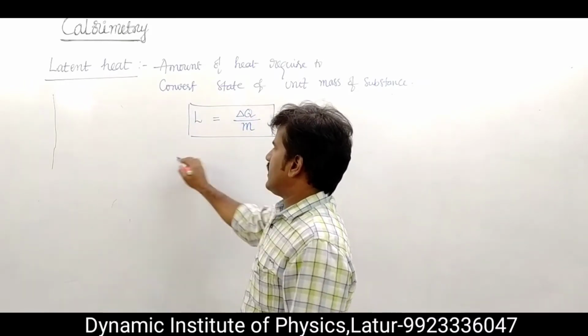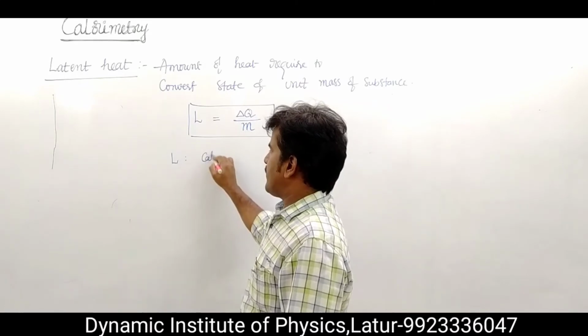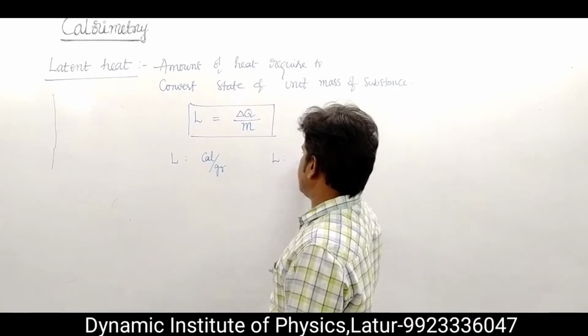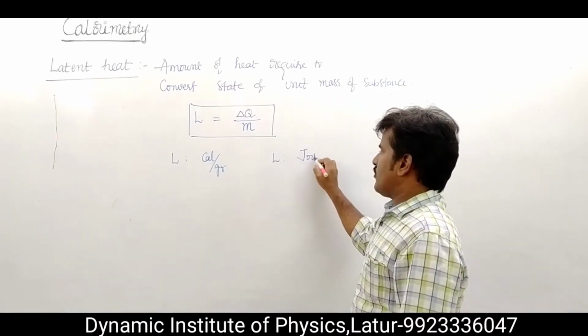The unit of latent heat is calorie per gram, this is the practical unit, and the SI unit of latent heat is joule per kilogram.